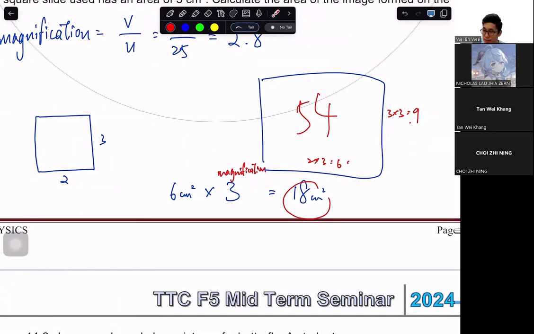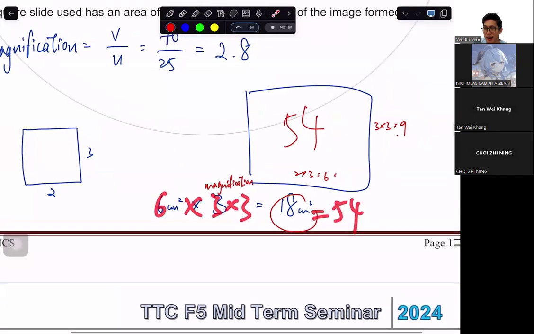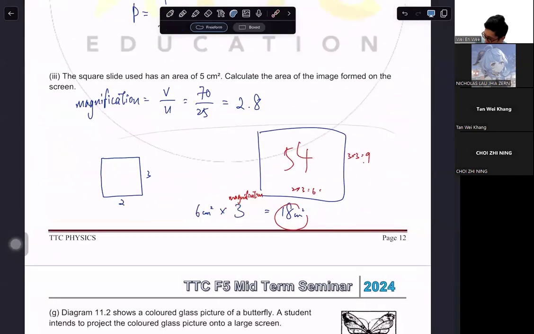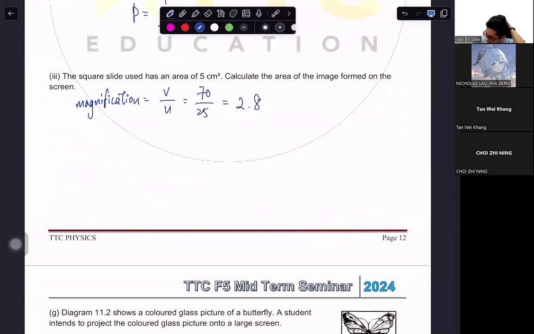Anyone don't understand this or not? You have to magnify by 3 square. 3 for here, 3 for here. So if you imagine this 6, you times 3 and then you times 3 again, then you're gonna get 54. So the proper way to do this, the image size, is supposed to be 5 cm square times 2.8 times 2.8, or times 2.8 square lah.